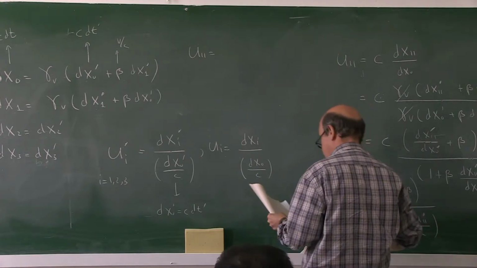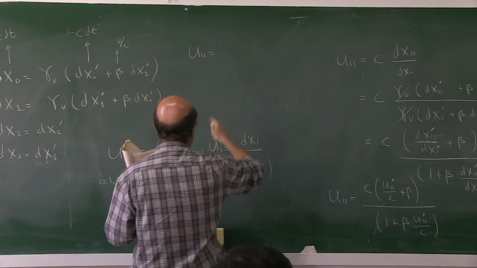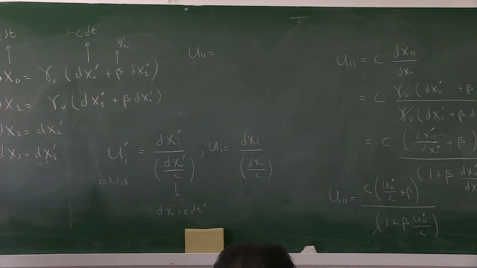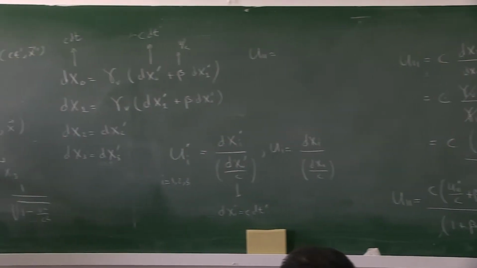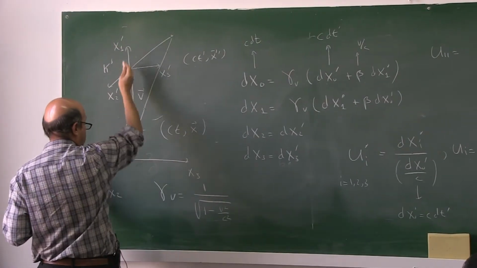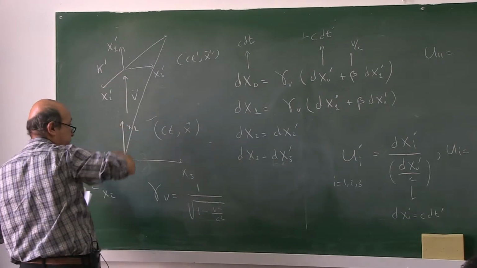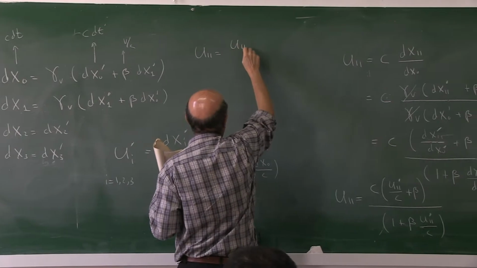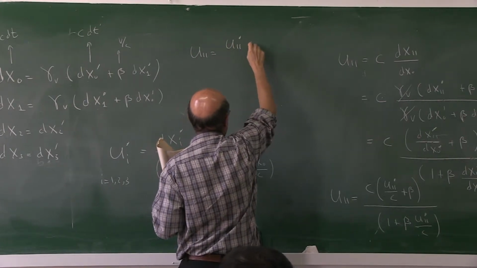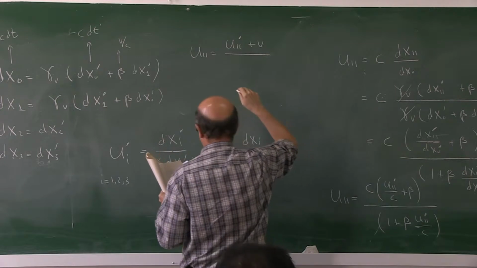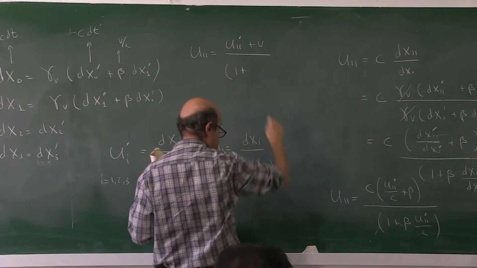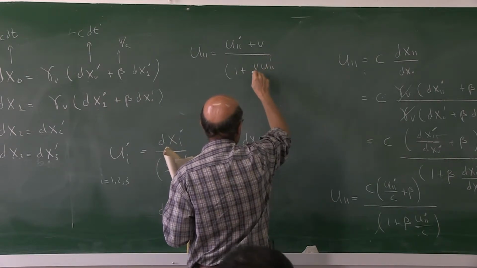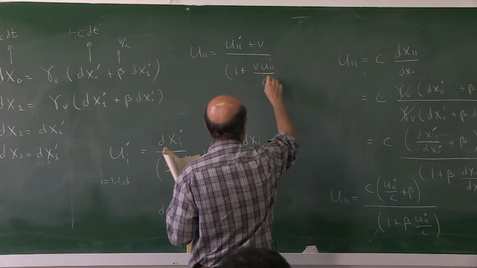That is equal to u parallel seen at the K frame, the velocity seen at the K frame, parallel component to the motion of the frames, will be u parallel prime plus v, over 1 plus v u parallel prime over c square.